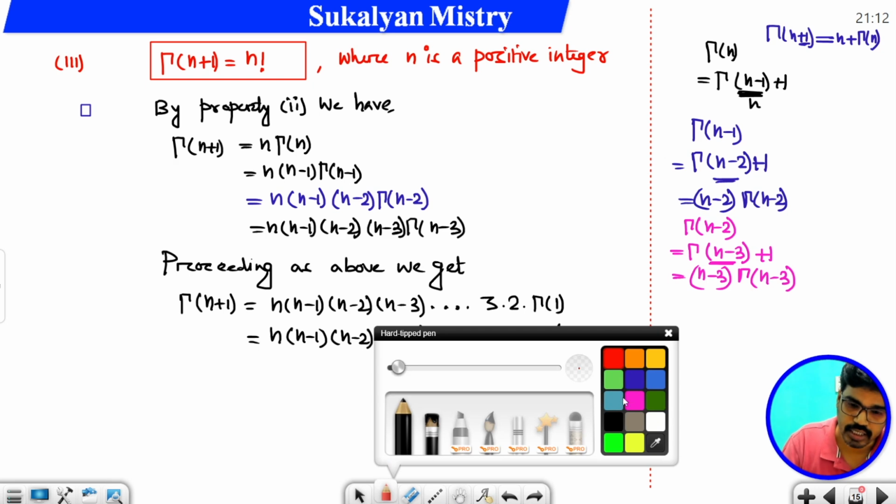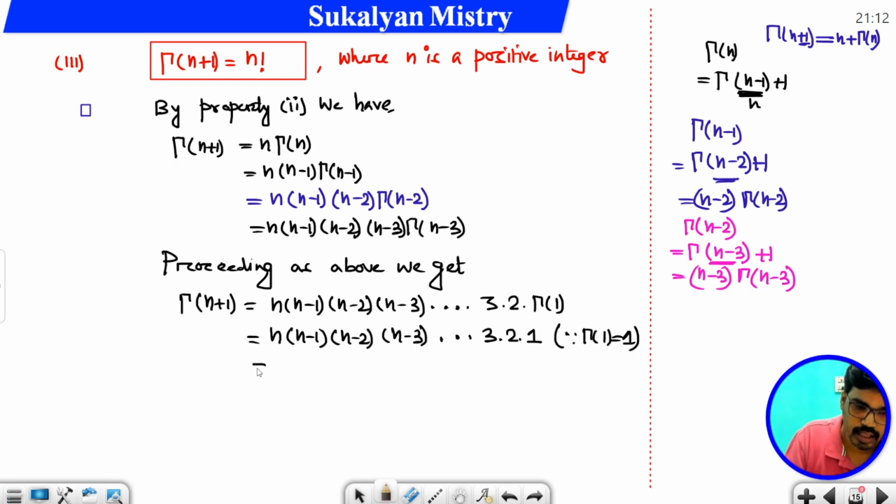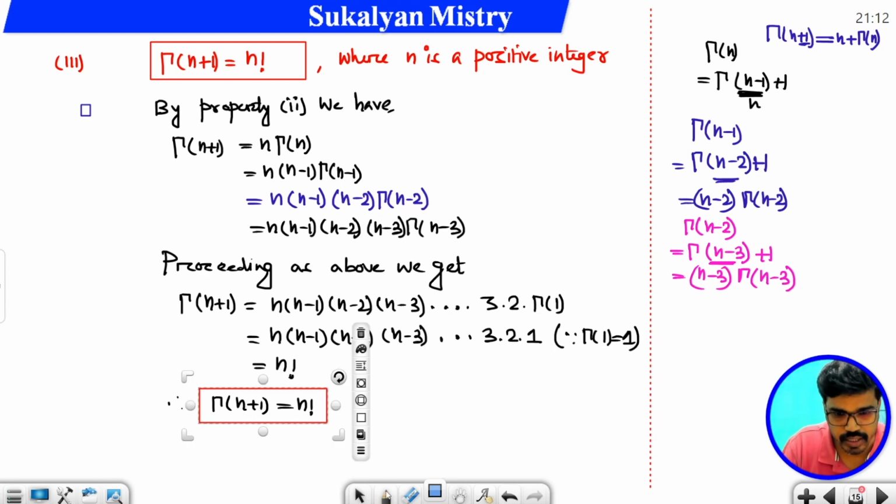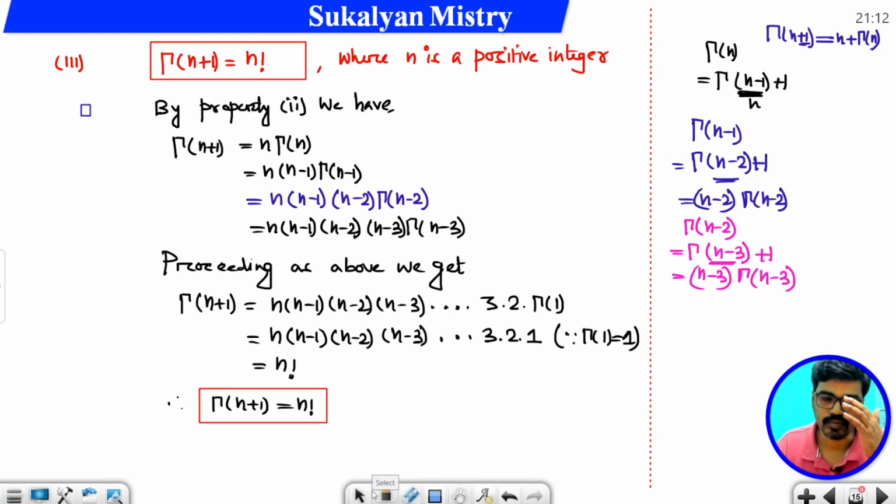So we proved that therefore gamma n plus 1 is equal to factorial n where n is a positive integer.